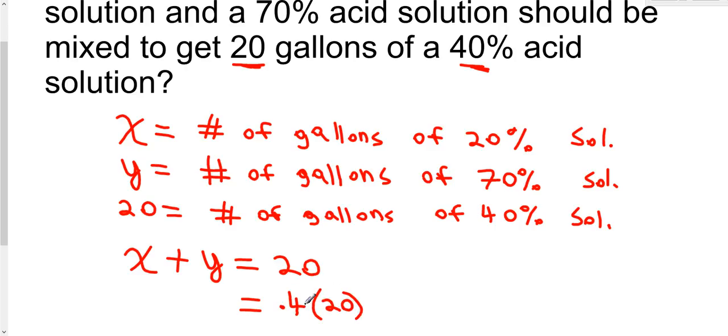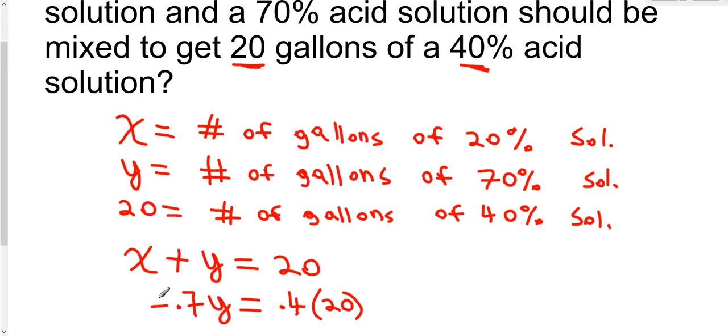That's the number of gallons of pure acid I will have in my mixture. Now, what about the 70% solution? If I have Y gallons of it, then the amount of pure acid is going to be 70% of Y, or 0.7Y.